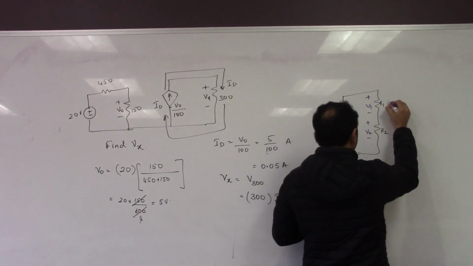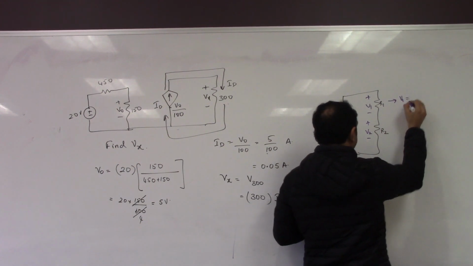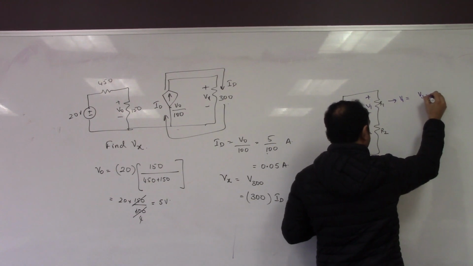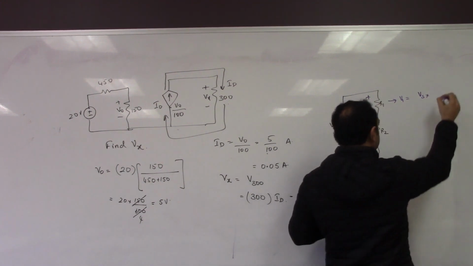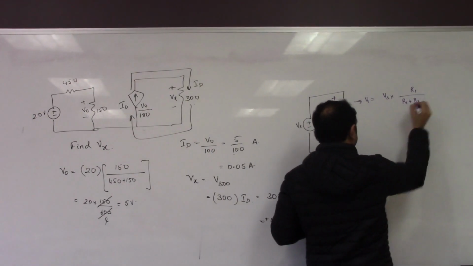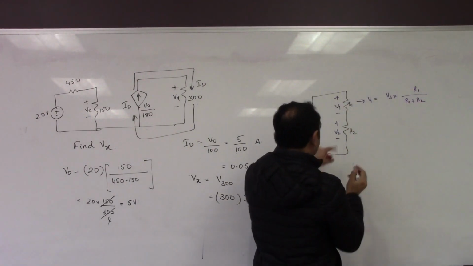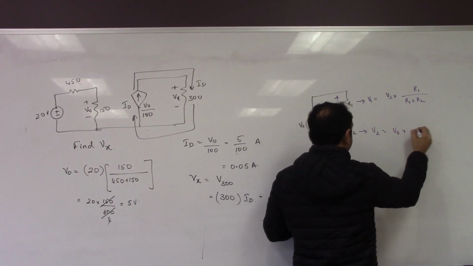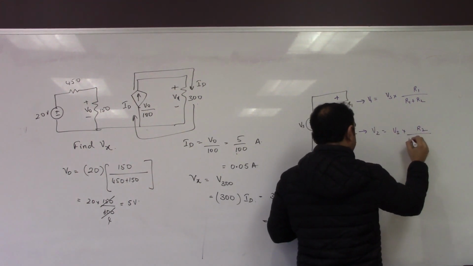This voltage V1 will be equal to the total voltage Vs times R1 divided by the total resistance. And V2 will be equal to Vs times R2 divided by the total resistance.